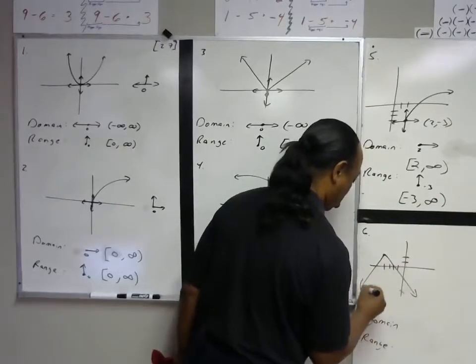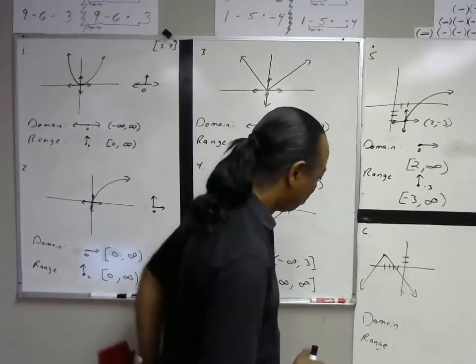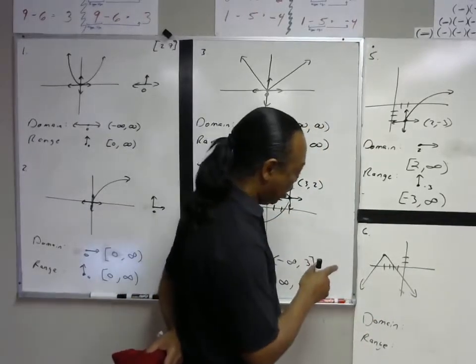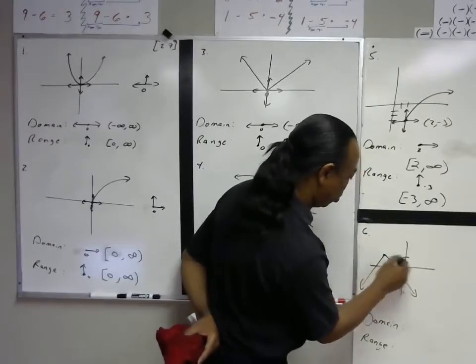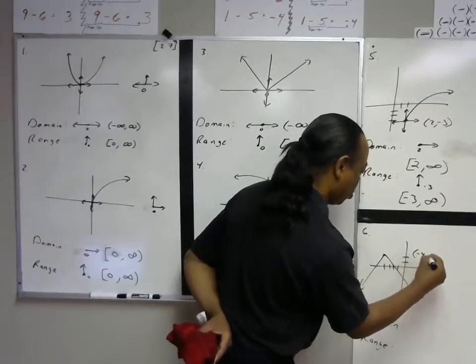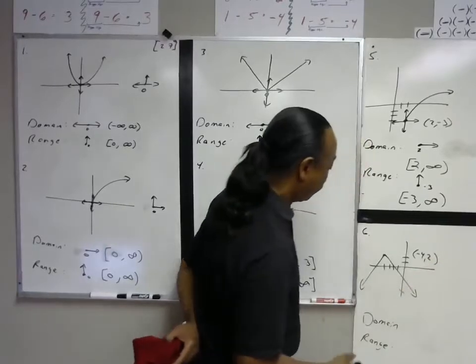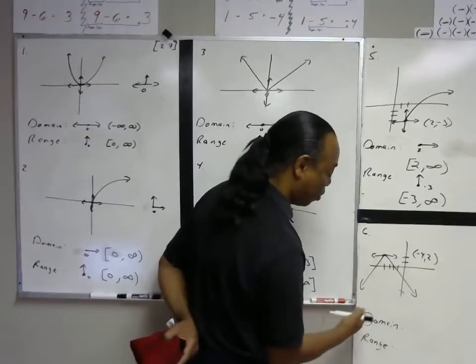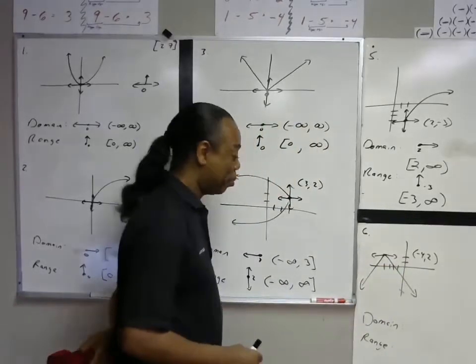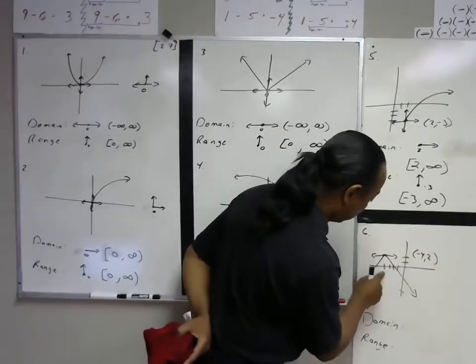Okay, number 6. The vertex here is (-4, 2). Okay, first I want to see how far to the left and to the right this graph travels in order to find the domain. And that's across -4.